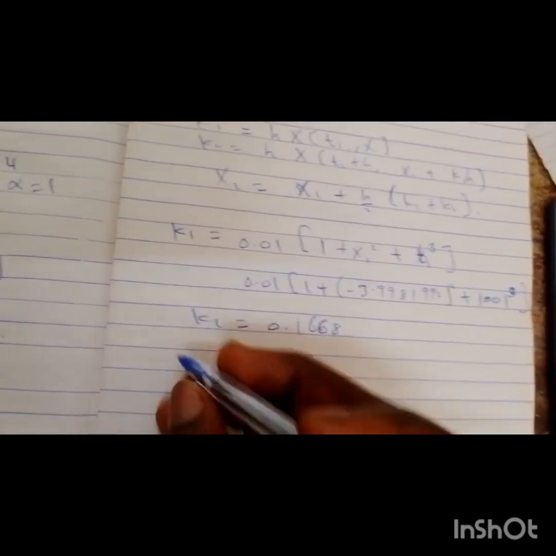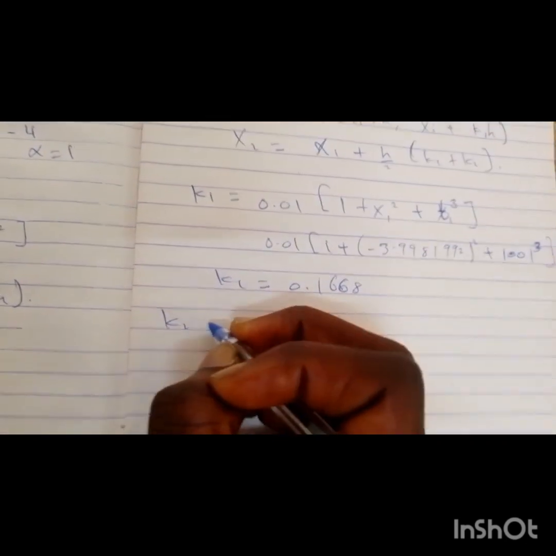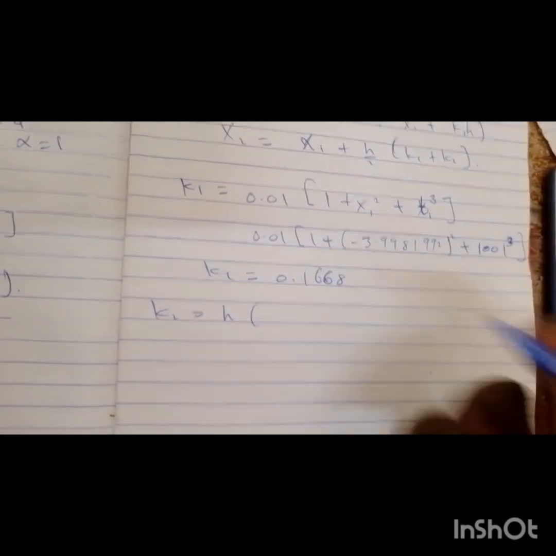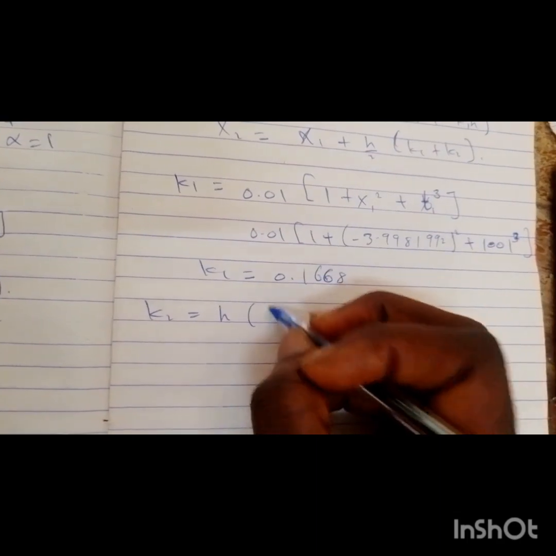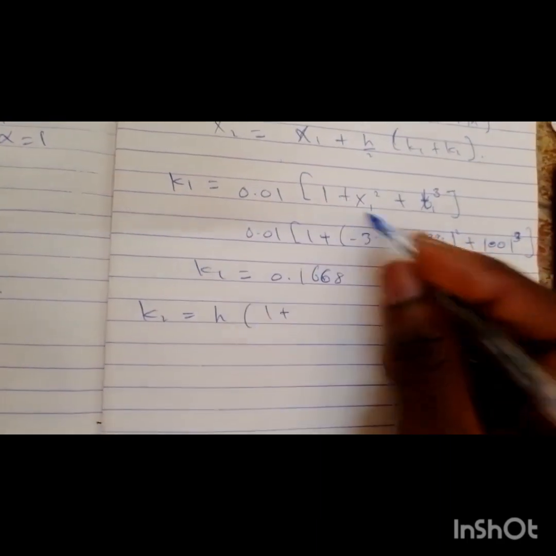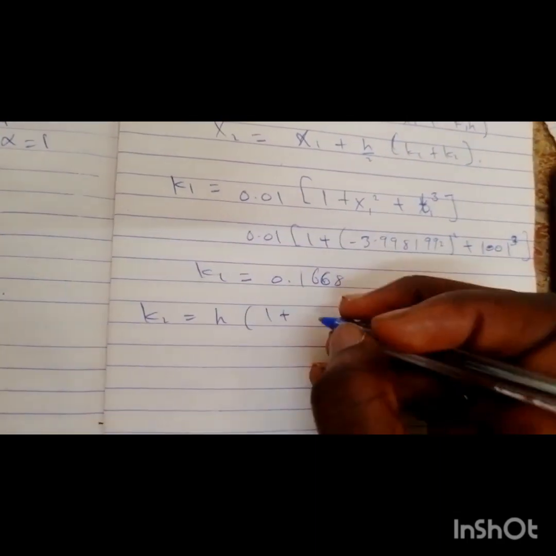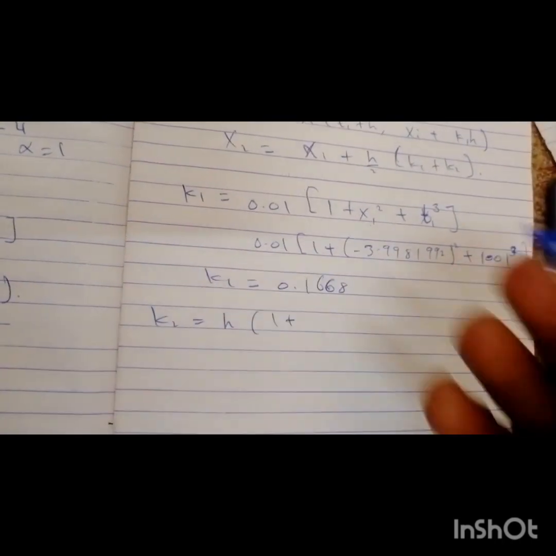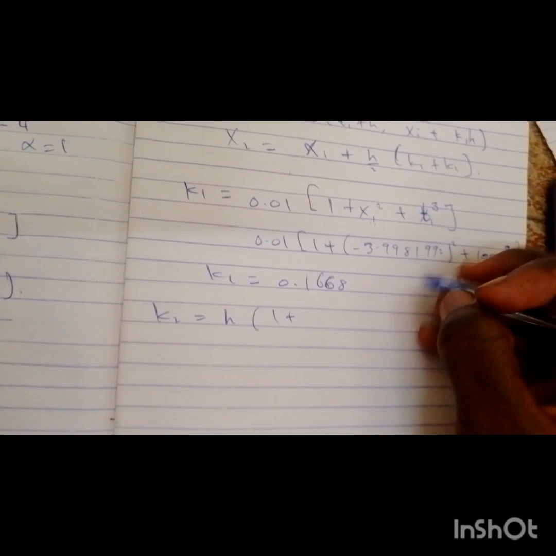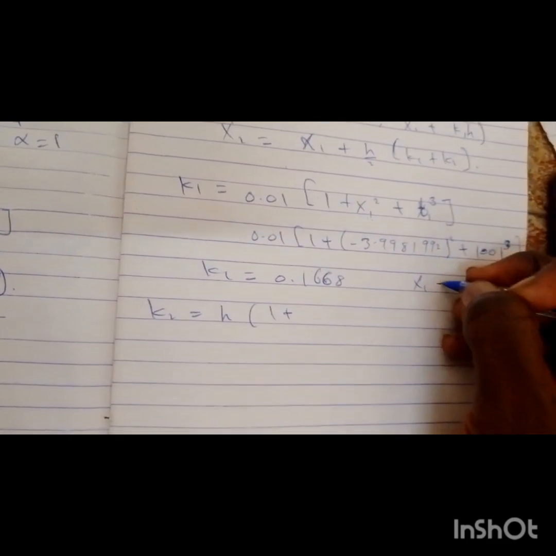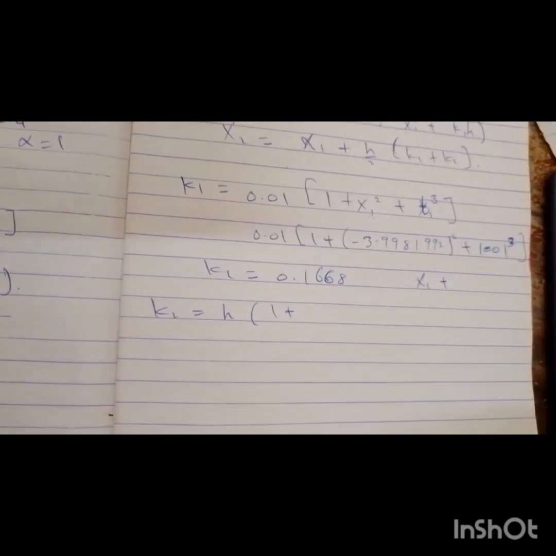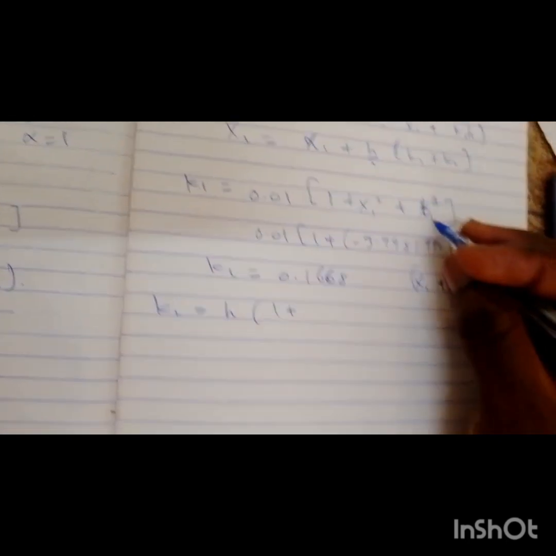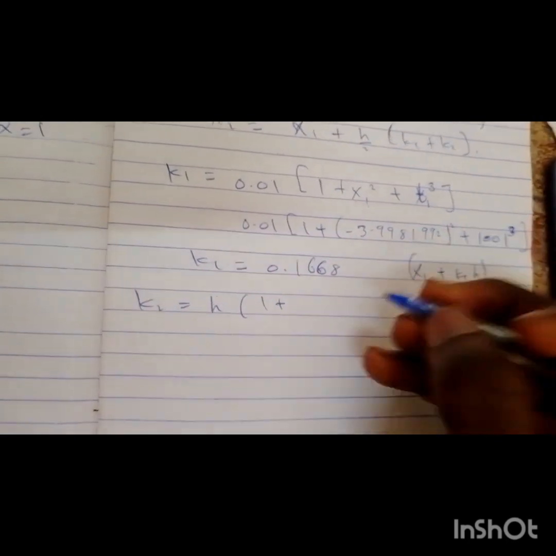And then your k2. Your k2 will be h multiplying your 1 plus your x1, and this will be a new value, like I said earlier. So that will be your x1 plus k1h, and then this one will be a normal sum.